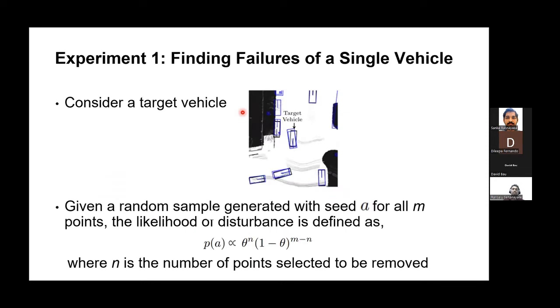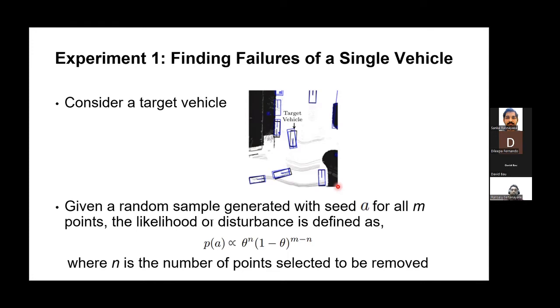Okay, experiment one. We are not interested in the entire environment; this is just for explaining purposes. We just consider a target vehicle. What you see here in these black dots is the point cloud, these squares are your vehicles, and these very dark regions are obstacles, maybe buildings.